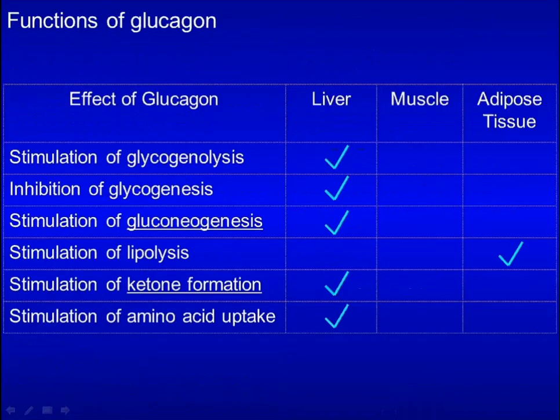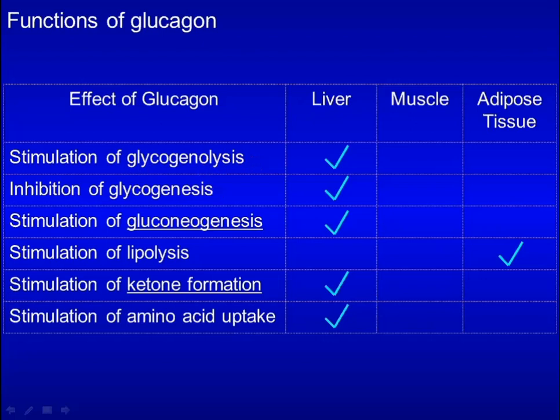Here is a summary of glucagon functions. Glucagon stimulates glycogenolysis by activating glycogen phosphorylase kinase. It inhibits glycogenesis by inhibition of glycogen synthase.